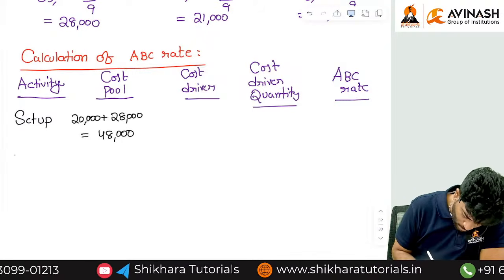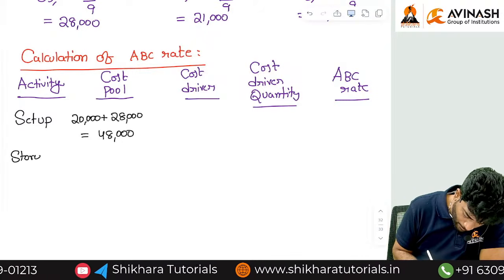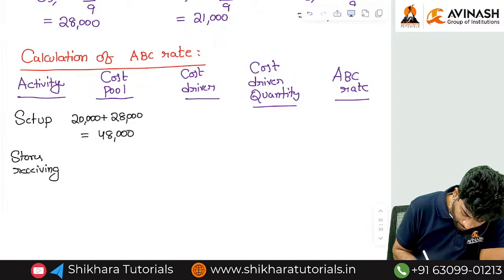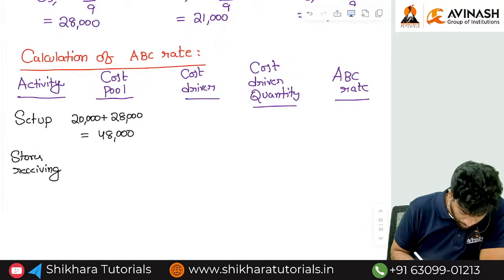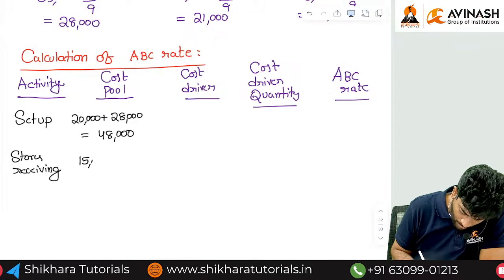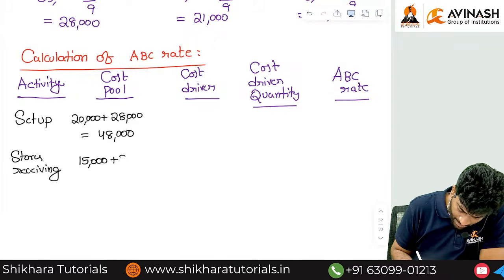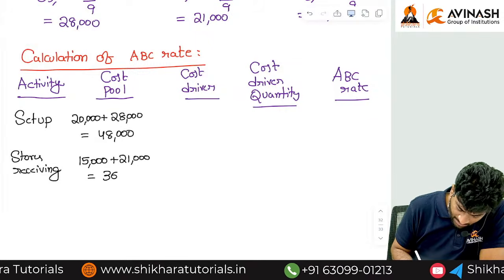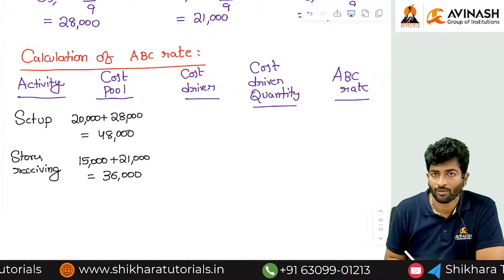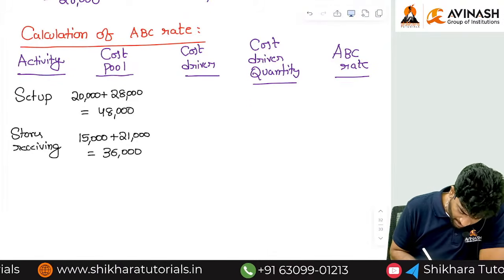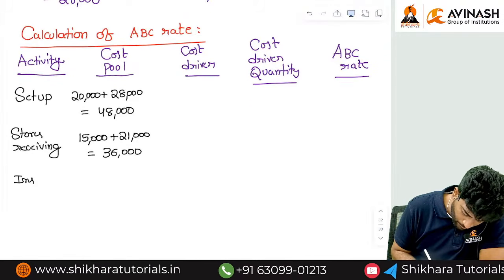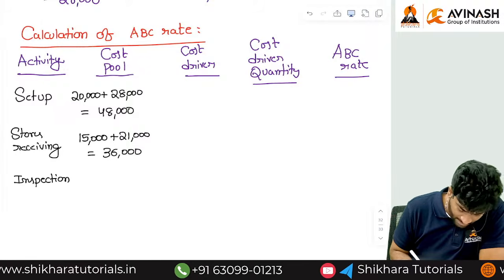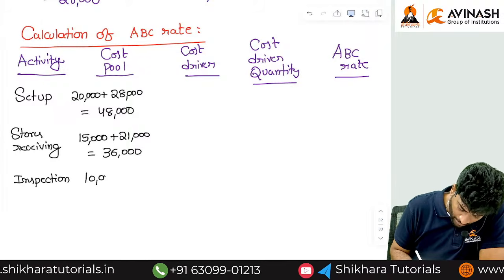After setup, stores receiving. Stores receiving before it is 15,000. Now after adding 21,000, now it is 36,000. And inspection, earlier it is 10, now it's 14.